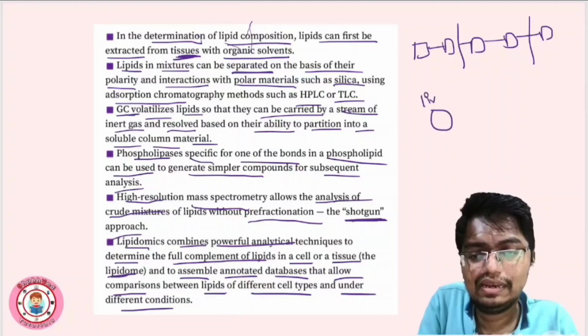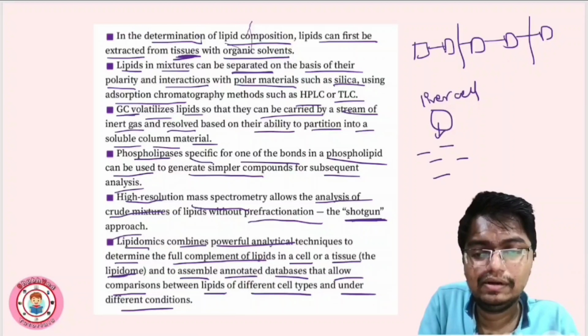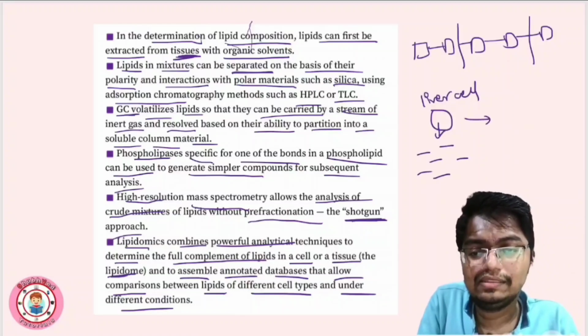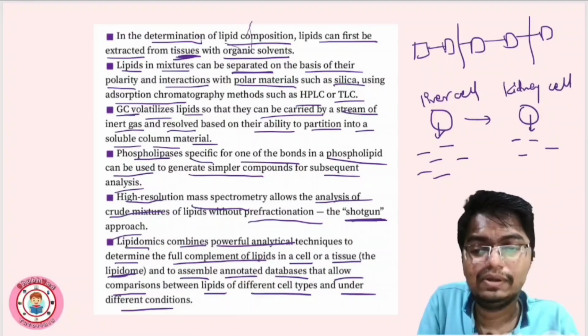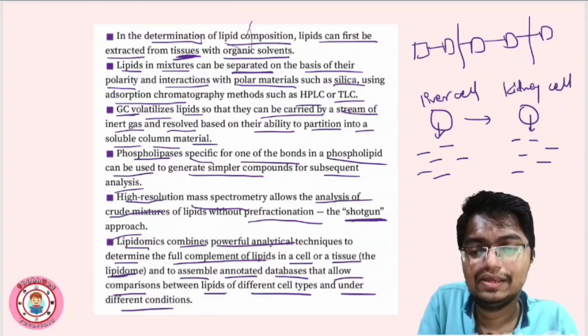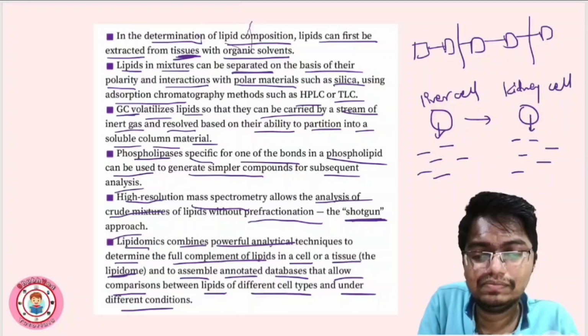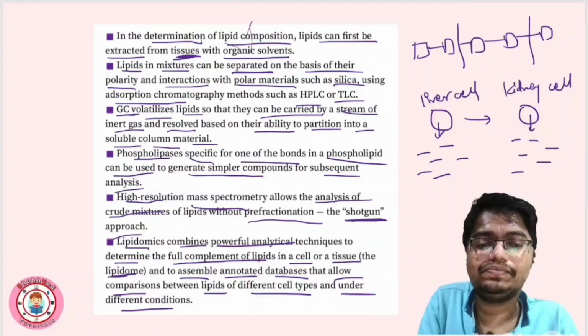Suppose this is the liver cell, इसका हम लिपिड कंटेंट डिटरमाइन कर सकते हैं एंड देन वी कैन कंपेयर दैट विद द किडनी सेल. मतलब यहाँ कौन से लिपिड प्रेजेंट है एंड यहाँ कौन से लिपिड प्रेजेंट है अंडर डिफरेंट कंडीशंस ऑल्सो. मीन्स relating that with the metabolism. Okay, we can do that.